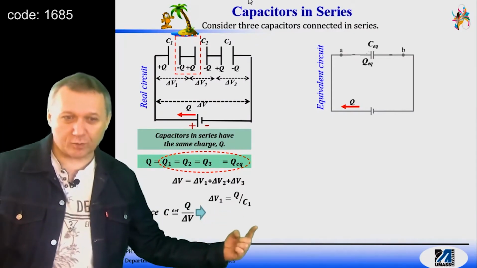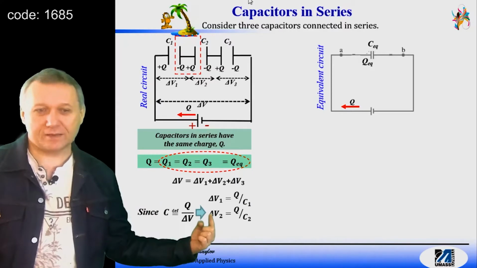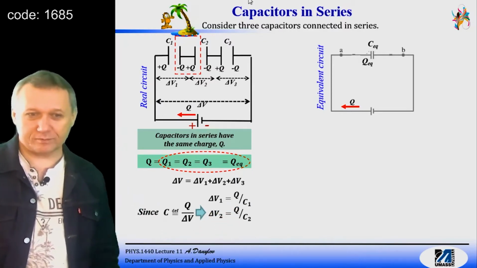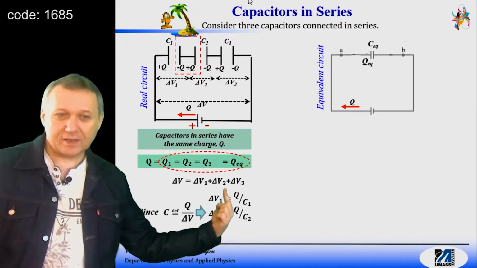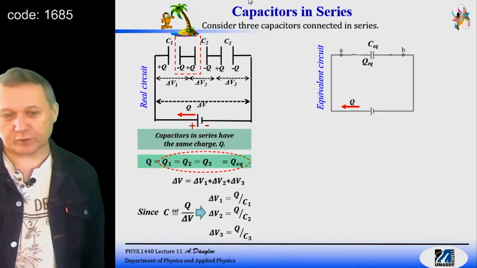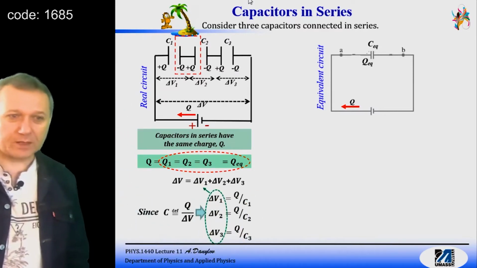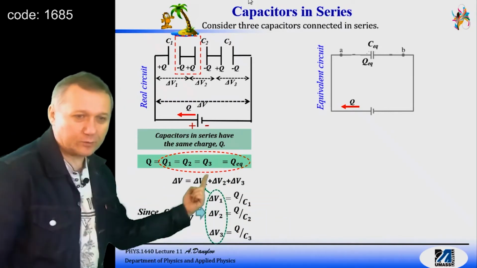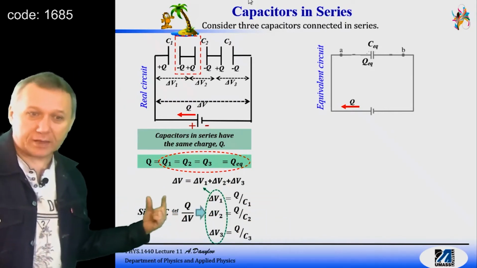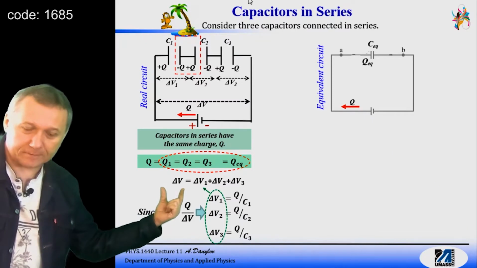So Q over C1, delta V2 is Q over C2, and for delta V3, it will be, of course, Q over C3. All these three will be used on the right-hand side of this equation over here. But what about delta V on the left?